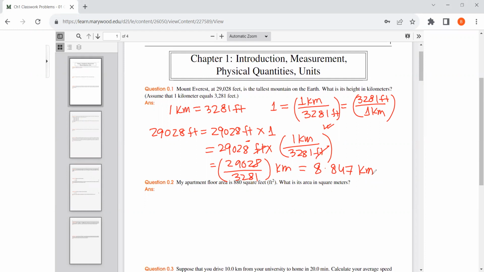So the next question is: my apartment floor is 880 square feet. What is the area in square meters? So we have to convert 880 square feet into square meters. Let's see how to solve this problem.